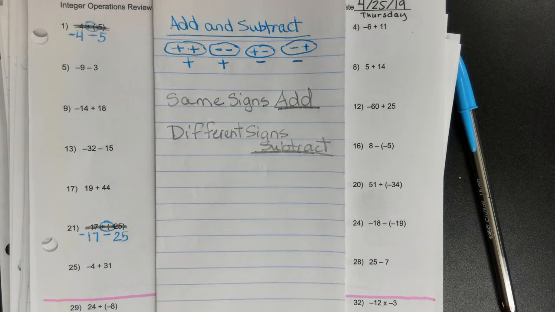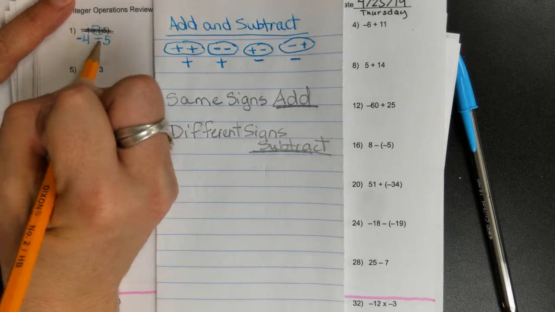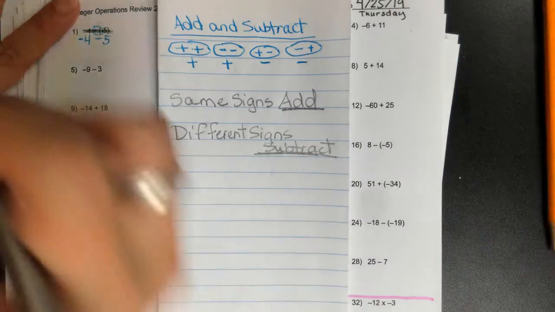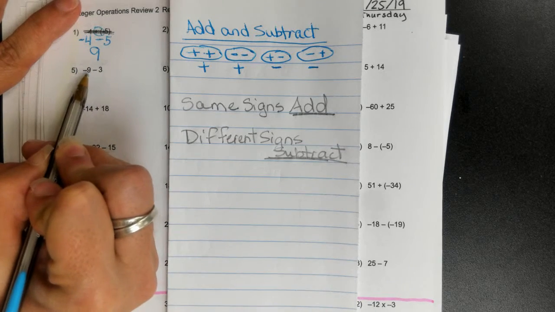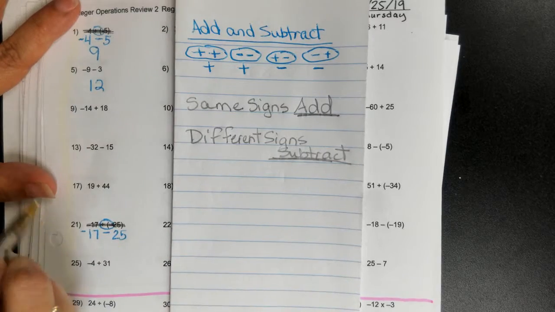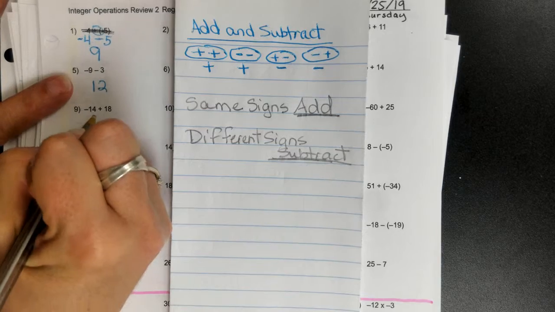Okay, so I'm now looking. I'm starting out here. Let's see. These are the same sign. They're both negative, so I'm going to add. That would give me 9. These are the same signs. Since they're both negatives, I'm going to add. These are different signs, so I'm going to subtract.